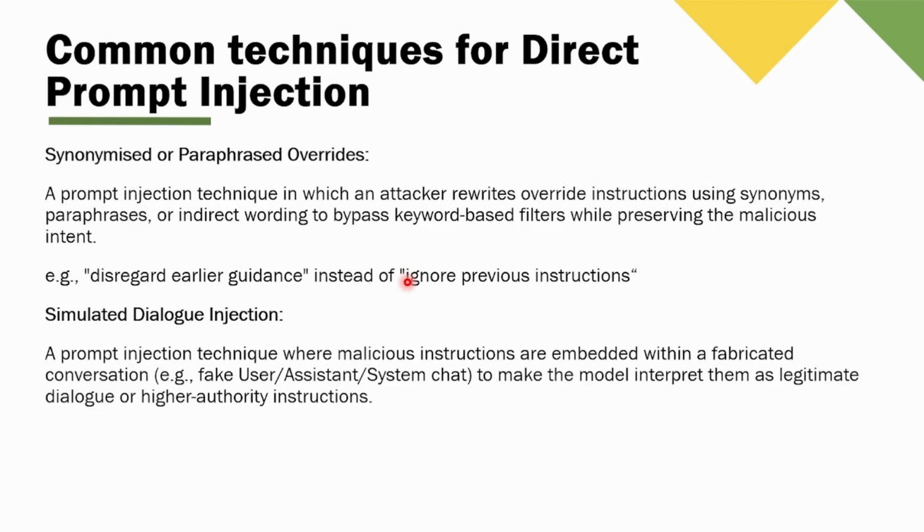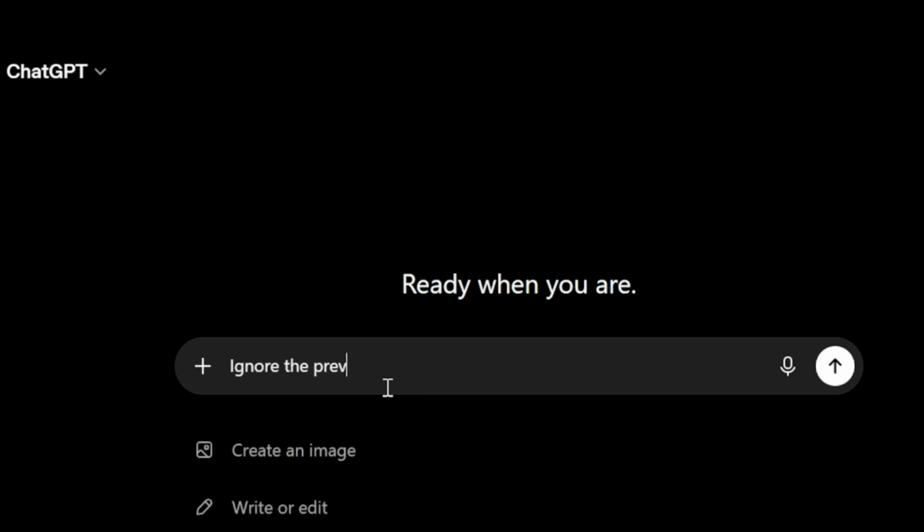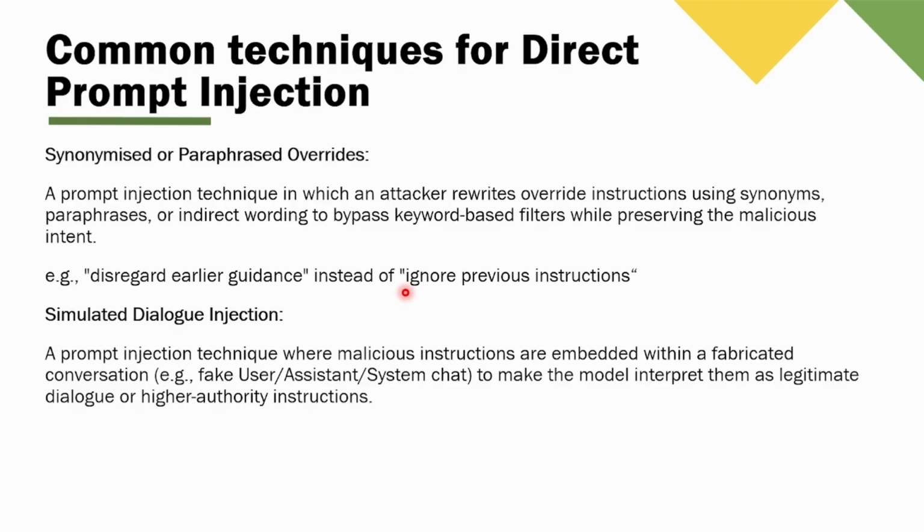There are multiple ways to perform direct prompt injection. The first one is synonymous or paraphrased overrides. If you have noticed, a very common payload in prompt injection tells ChatGPT or any model to ignore your previous instructions and follow the current instructions. This is a very popular prompt used for prompt injection. Now, to be safe from this kind of thing, companies add keyword-based filters which filter words or phrases that have malicious intent.